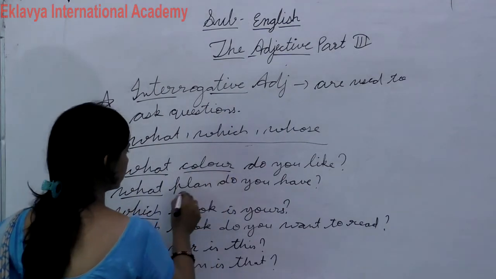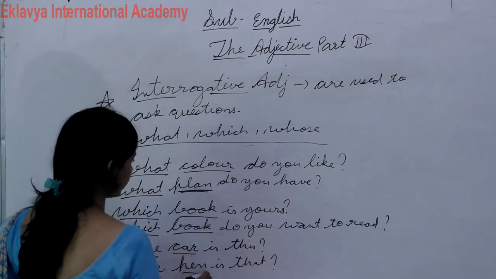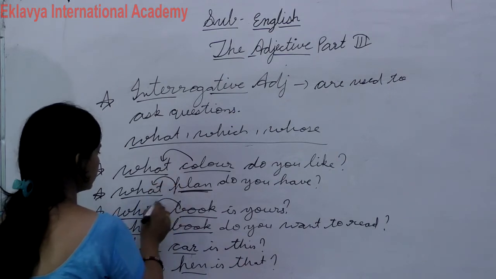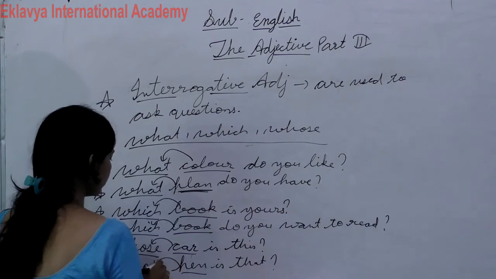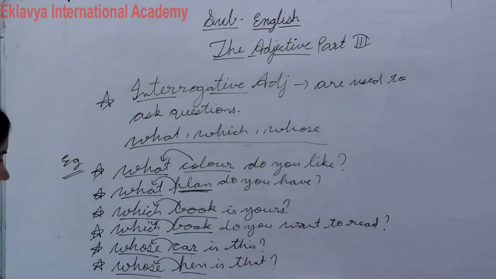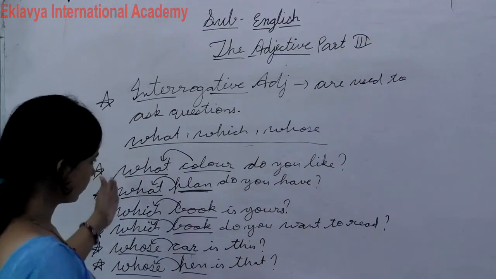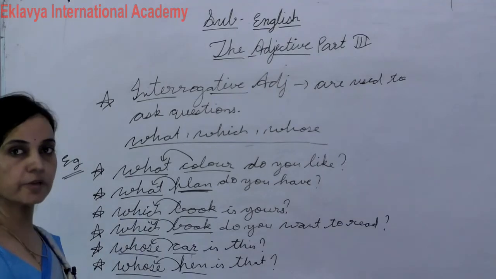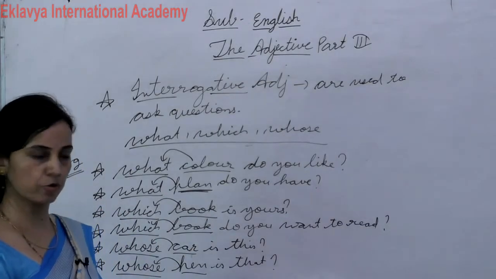Color is noun, plan is noun, book is noun, car and pen are nouns, and they are used with noun. And interrogative pronouns are used alone, so they are called interrogative pronoun.